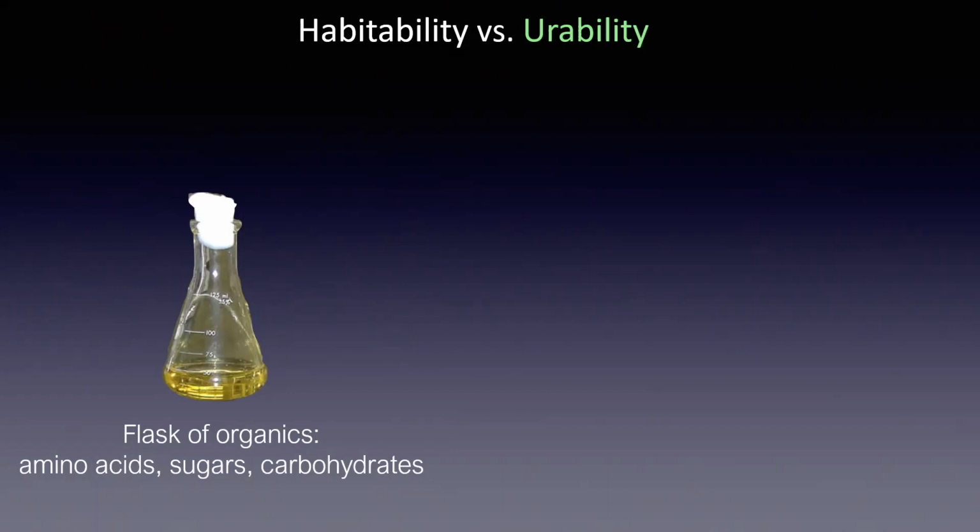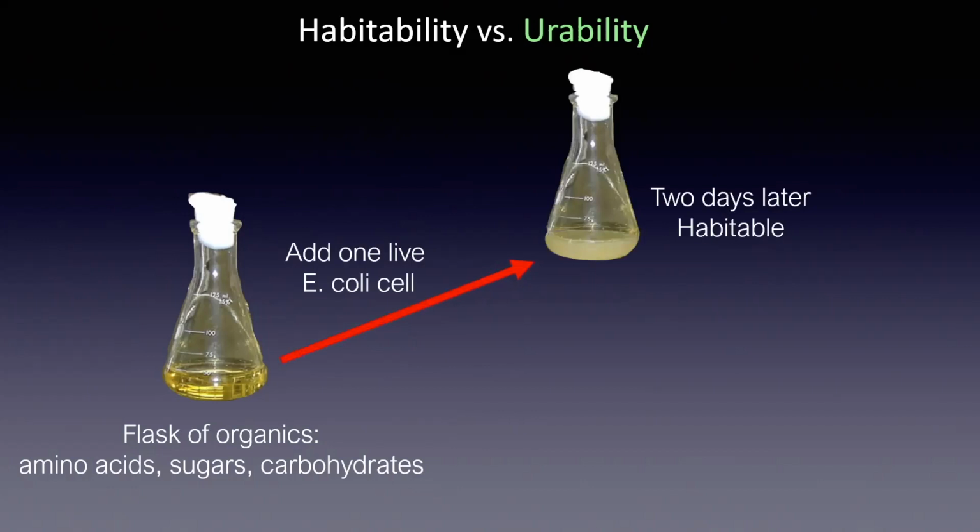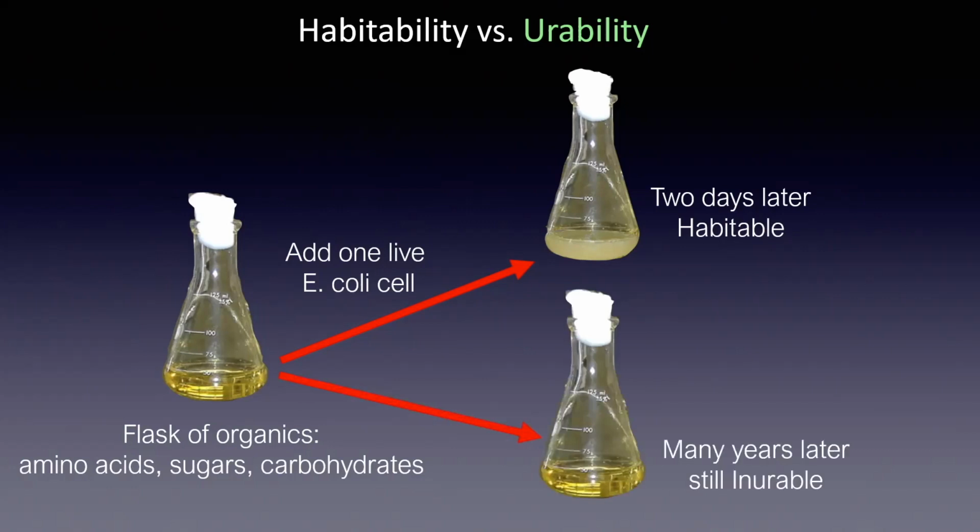So there it is, it's stoppered, it's sterilized by autoclaving, and I'm going to put one little bacterial cell into that flask. And if I come back a couple of days later, it is filled with bacteria. So this flask is defined as habitable, but it is not errable. I could just wait as long as I care to, and we would never see life get started in a flask. So it can be habitable, but not errable.